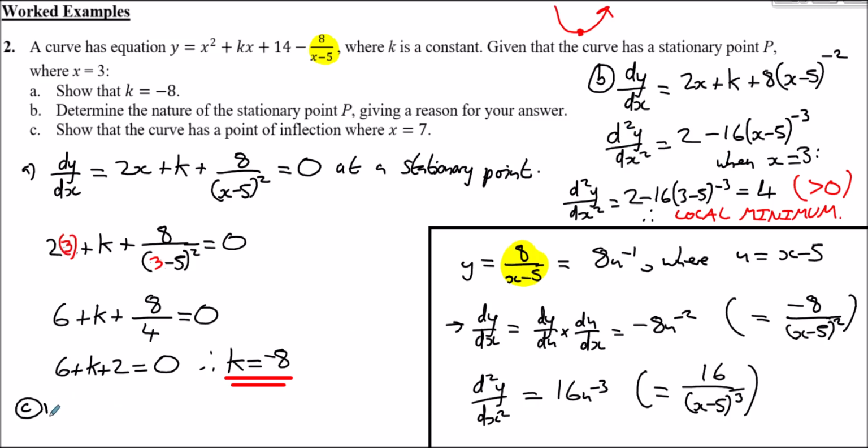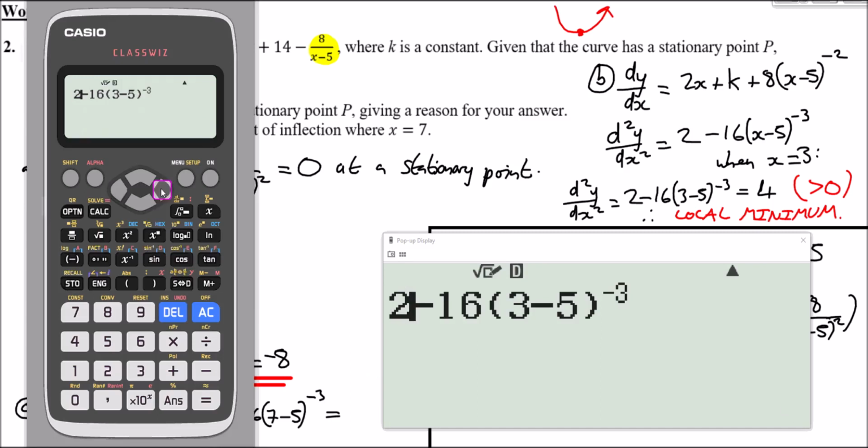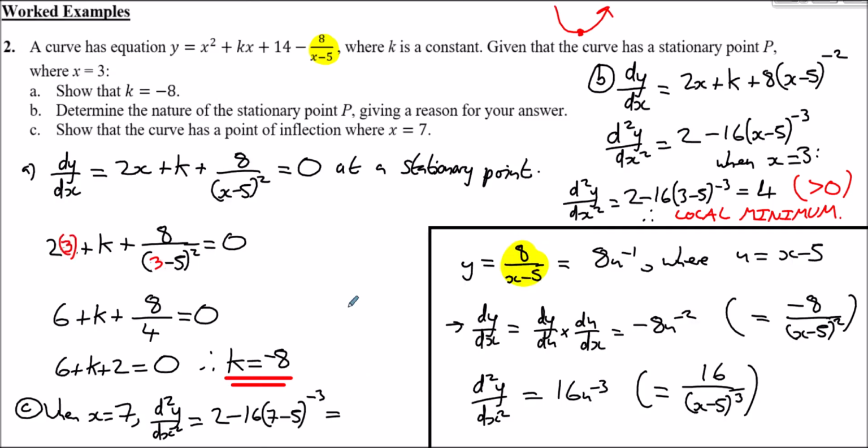So when x is 7, the second derivative is going to be 2 minus 16, 3 minus, sorry, that's now going to be 7 minus 5, because now x is 7, to the power minus 3. And if we try that, you should find that it gives 0. So I just alter this and change a 3 to a 7. We get 0.